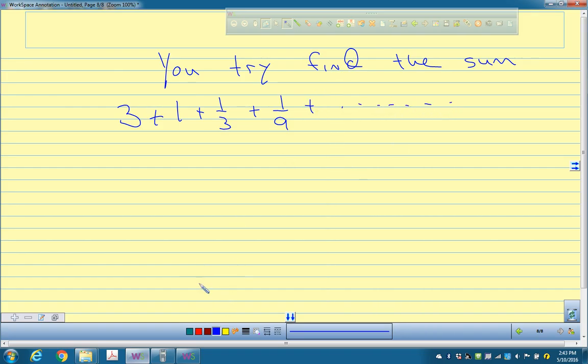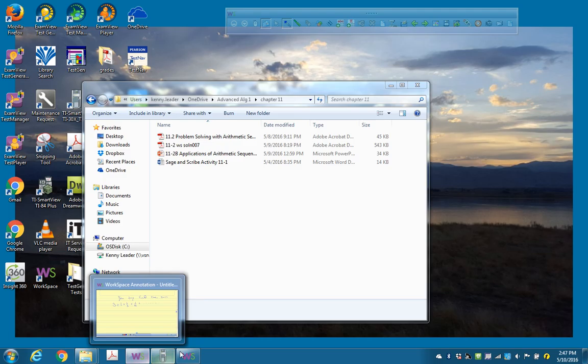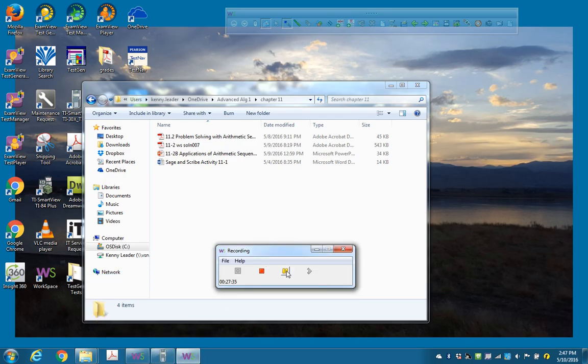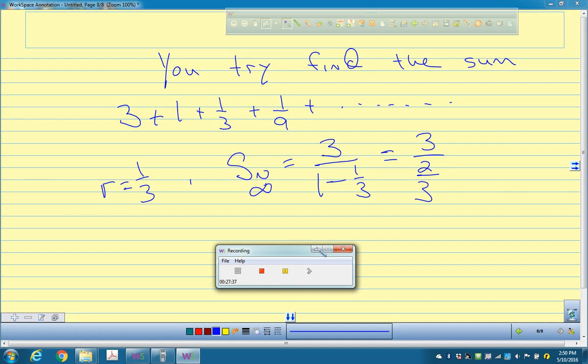Okay, I'm going to pause. Dividing by a fraction is the same as multiplying by the reciprocal. 3 times 3 is 9, divided by 2 is 9 over 2, which is exactly equal to 4.5.